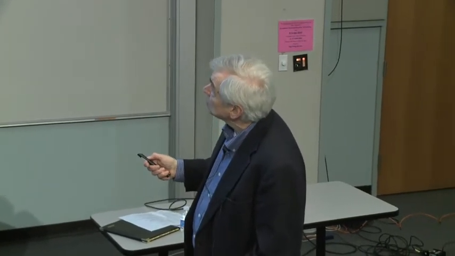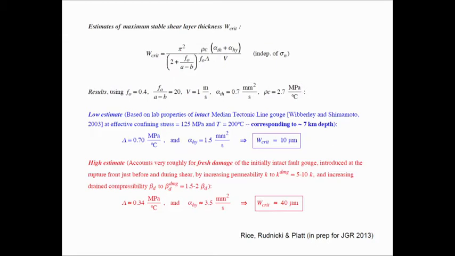So this led us to make elementary estimates of the localization widths that you see here. So this repeats a formula from the previous slide. What we've assumed is a velocity of a meter a second, representative values for this measure of friction divided by rate sensitivity of friction, somewhat low friction coefficient, so things scale with 1 over the friction coefficient here.